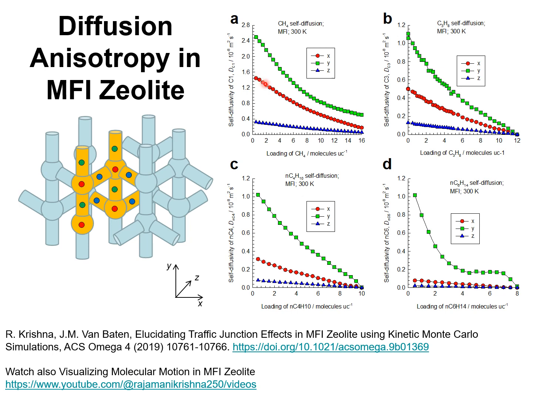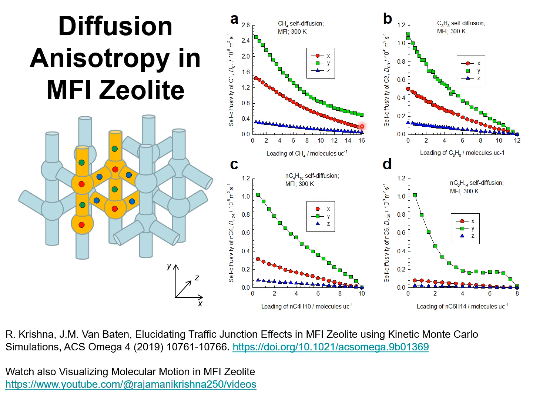The diffusivities in the x direction are indicated by the red circles. The diffusivities in the y direction are indicated by the green squares, and the diffusivities in the z direction are indicated by the blue triangles.